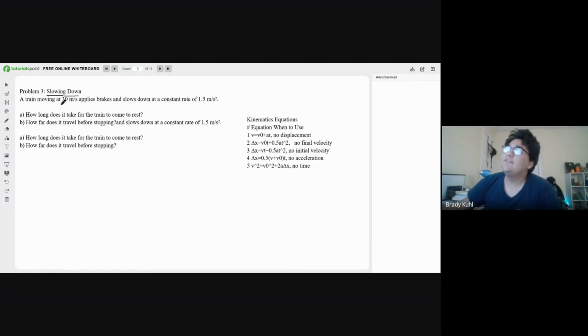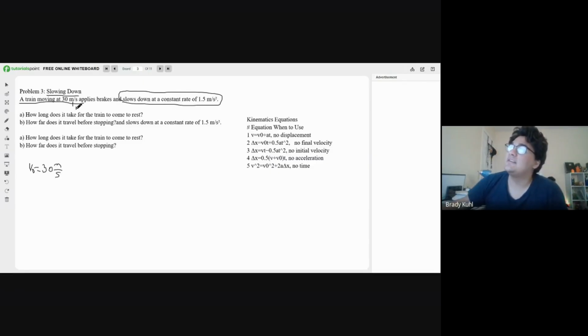Now, a train is moving at 30 meters per second. The initial velocity, again, is 30 meters per second, and it slows down at a constant rate of 1.5 meters per second squared. Another reason why units are important.